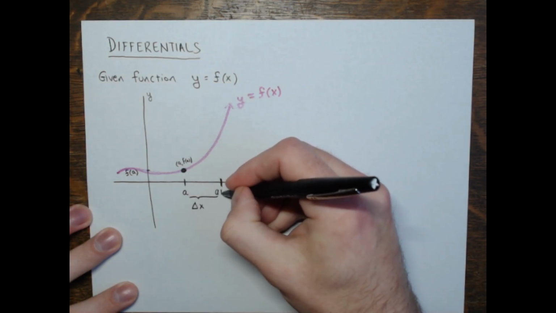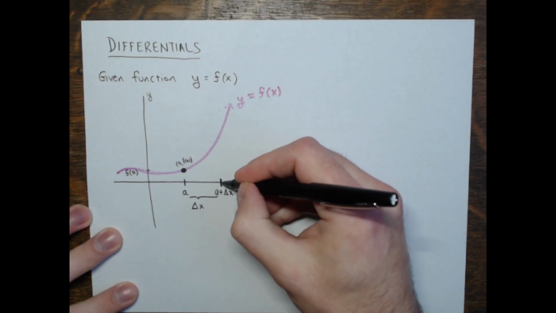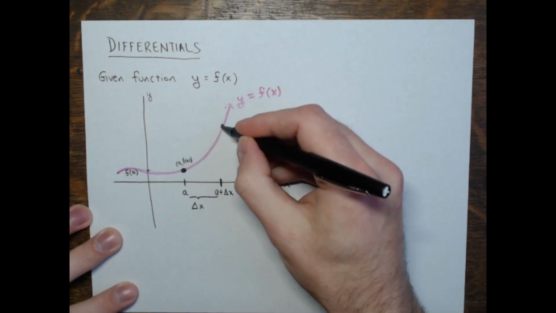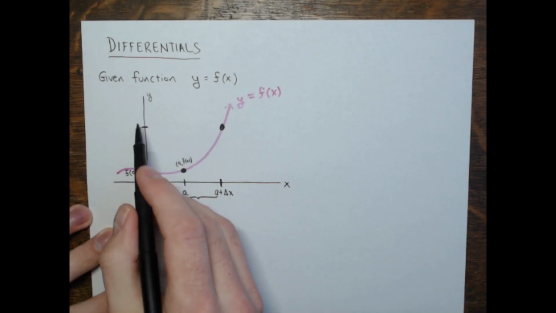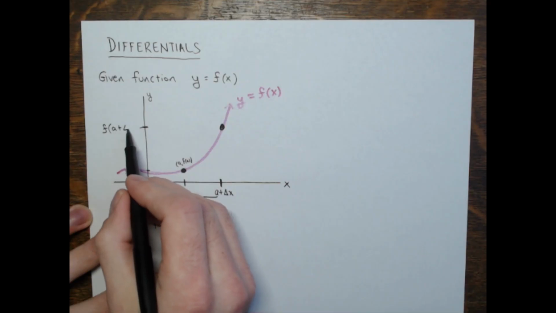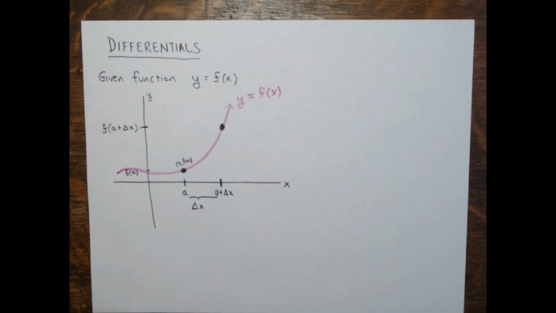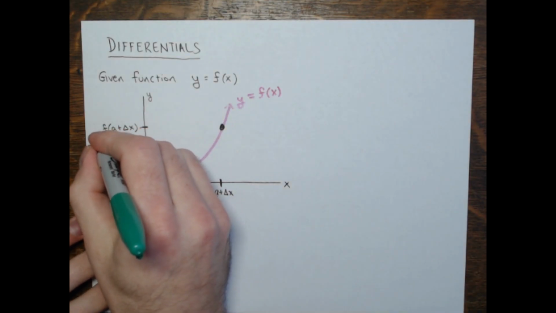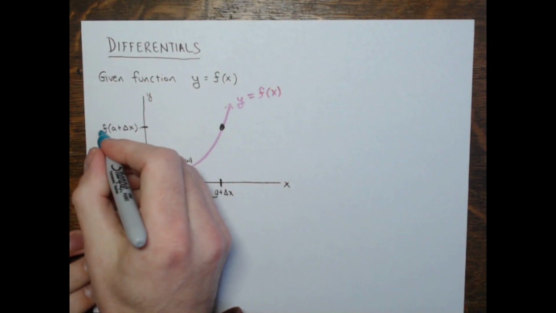So here's a plus delta x. I plug this into the function, which gives me a point up here with the output f of a plus delta x. And as I showed you earlier, this change in the outputs, I call that delta y.